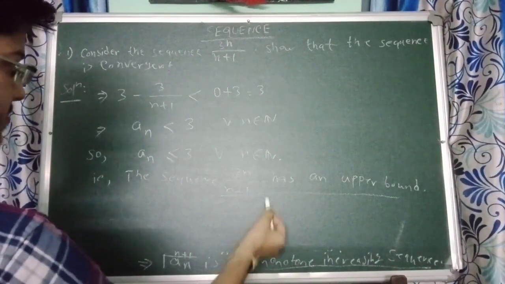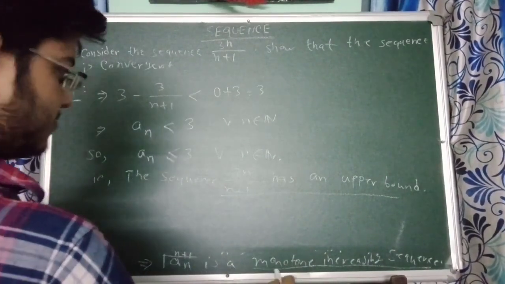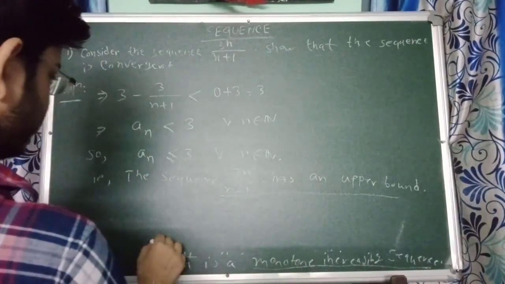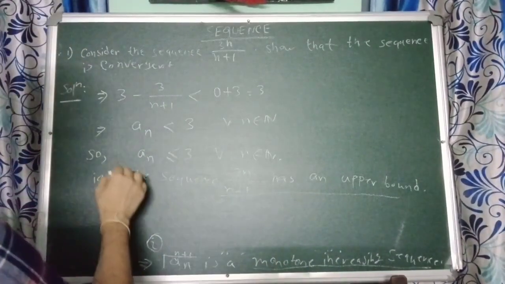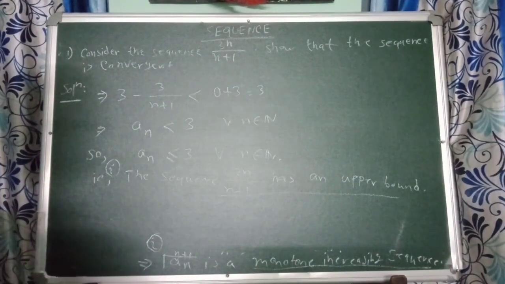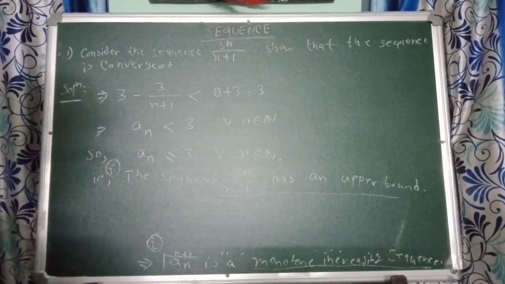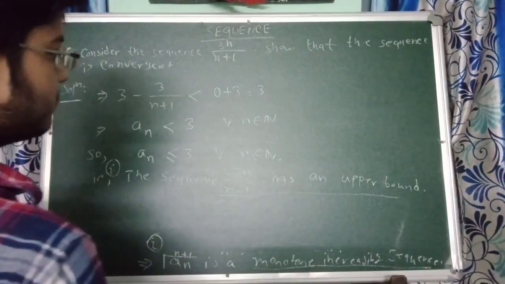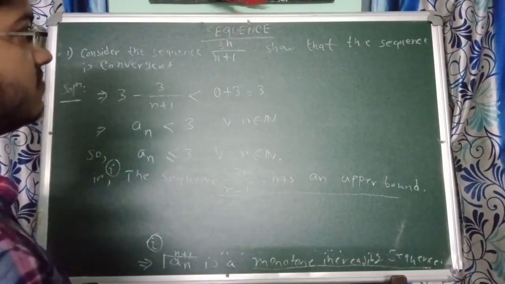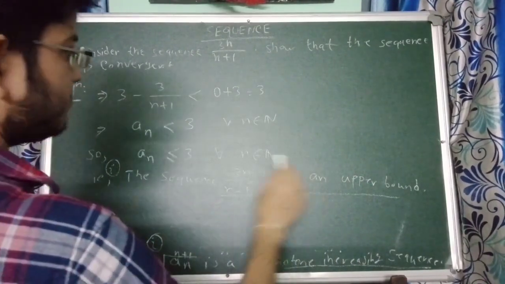So combining this, a_n is a monotone sequence, this is point number 1, and the sequence has an upper bound. We already discussed that a sequence which is monotone increasing and has an upper bound is convergent and converges to its exact upper bound.